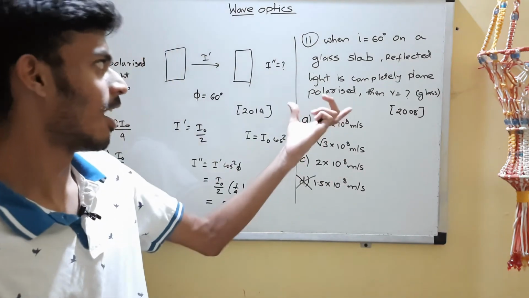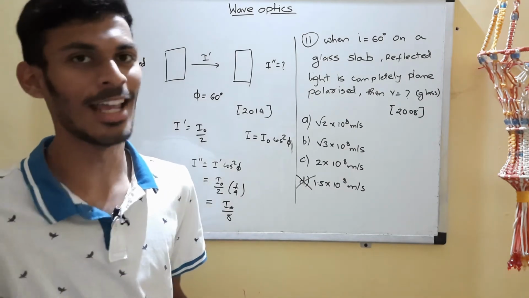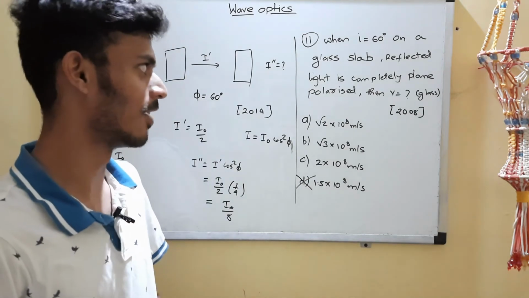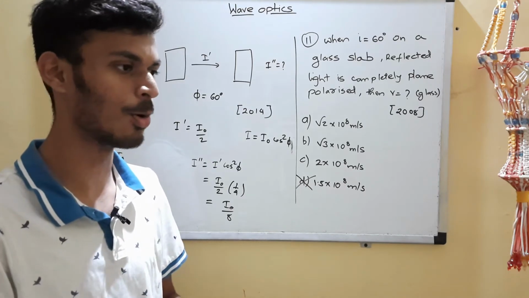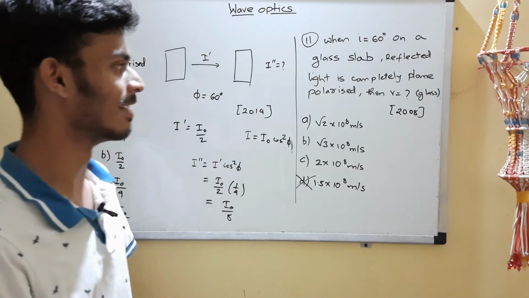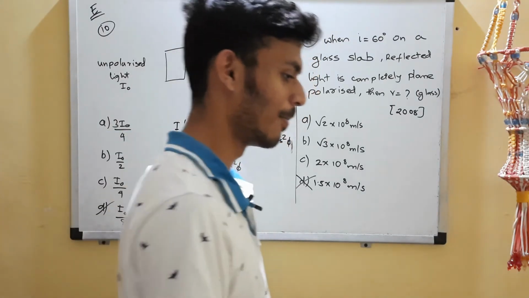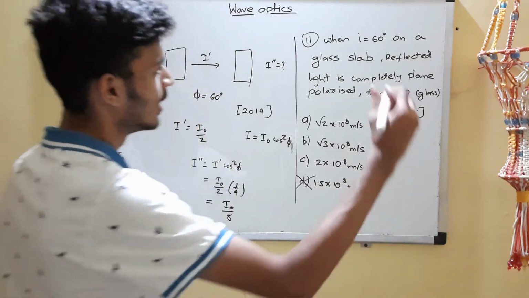Please try to follow what the question is saying. Don't use your prior knowledge while solving a question. Go the way the question is directing you to go. That is the takeaway point from here. Anyways, let's solve it now.